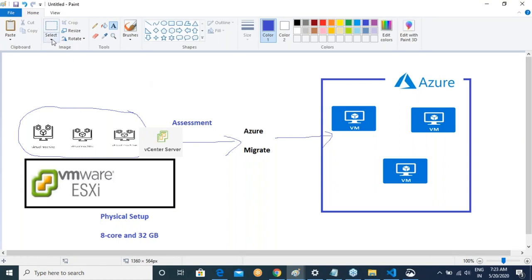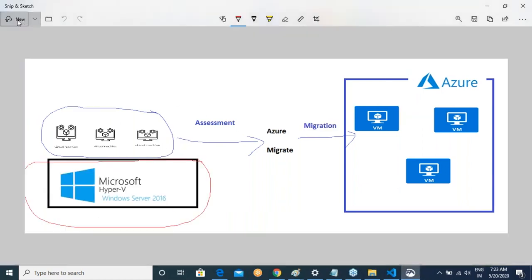If it is VMware, the migration will look something like this.